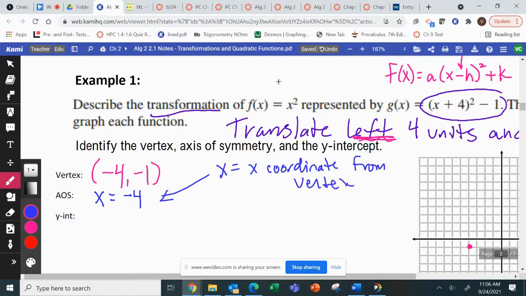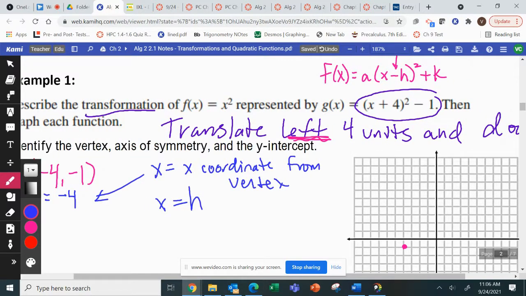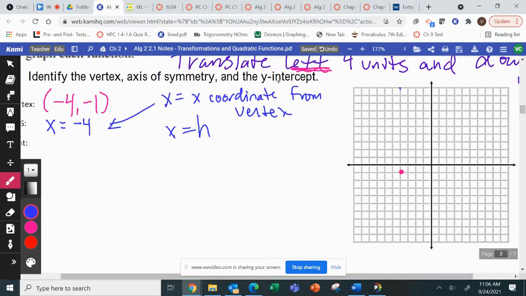Or another way I could explain it, it is x equals h from our formula. So over here I go to x equals -4, and I'm going to draw a vertical line. That's what x equals looks like. x equals -4, vertical line.